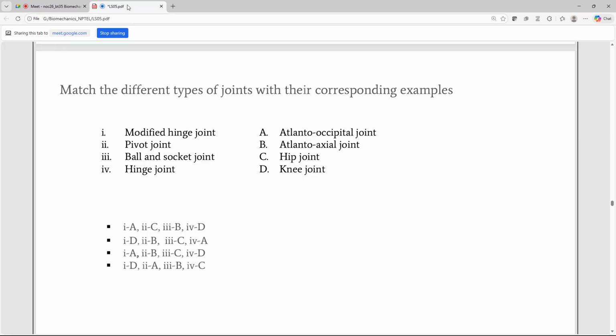Answer is option 2. That is 1D, 2B, 3C, 4A.